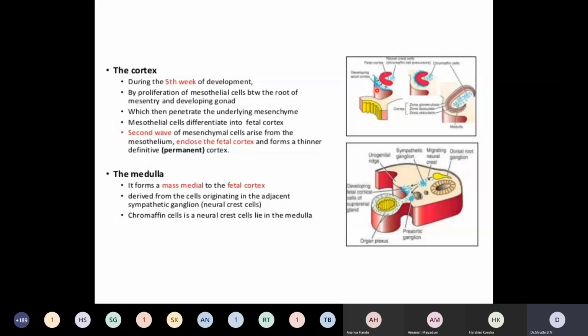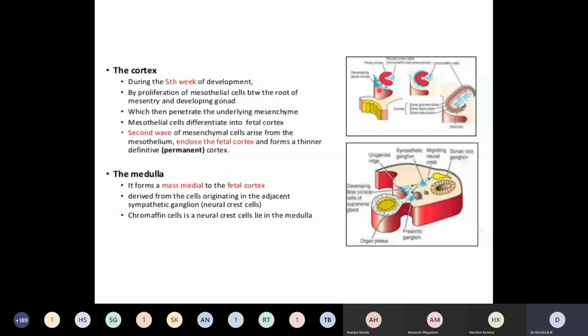The cortex has three layers: glomerulosa, fasciculata and reticularis. Glomerulosa secretes mineralocorticoids or aldosterone, fasciculata secretes glucocorticoids or cortisol, and reticularis secretes androgen. The medulla secretes catecholamines, epinephrine and norepinephrine.